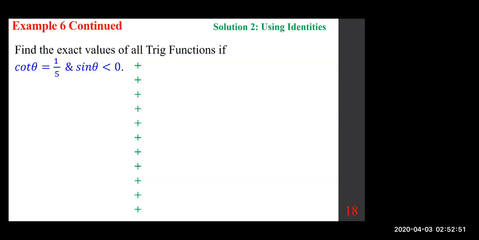Remember what we need. We need to have at least one more, and we can figure out the rest nice and easy. We've already come up with the quadrant. Okay, we justified it, and the quadrant is 3. We already know that. So we therefore know the sign of everything.